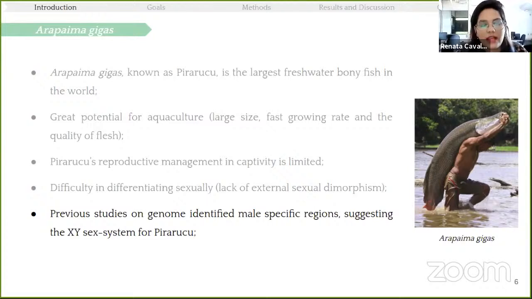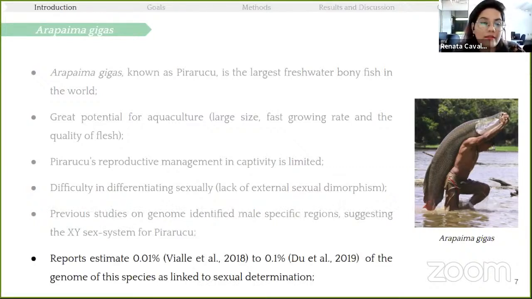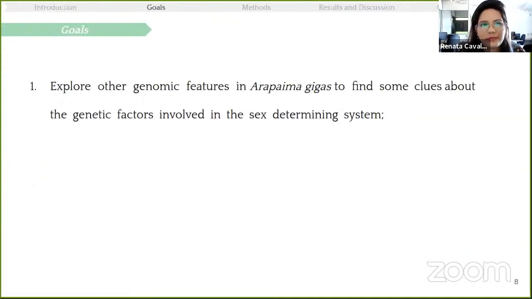Previous studies on the genome identified specific regions suggesting an XY sex system for this species. However, the topic is still in debate because of the small size of these regions. Previous reports estimate 0.01 to 0.1% of the genome of this species as linked to sex determination.